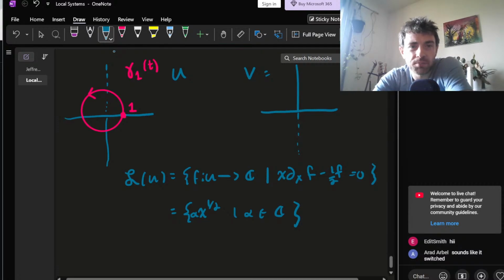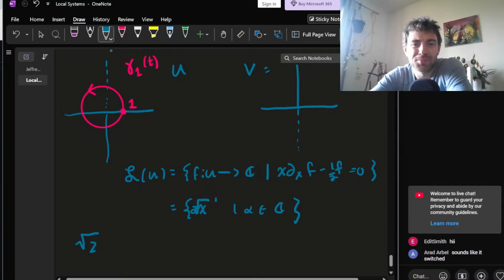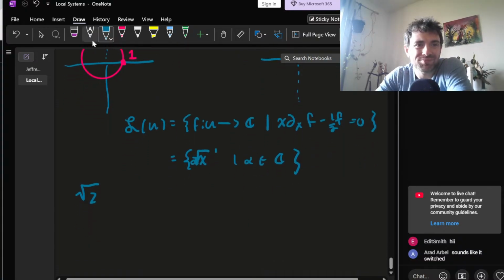Well, I picked the u that I did because I'll specifically choose the branch so that over u, this will be maybe like square root 1 of z, because that's a complex variable. Oh well. Whatever.